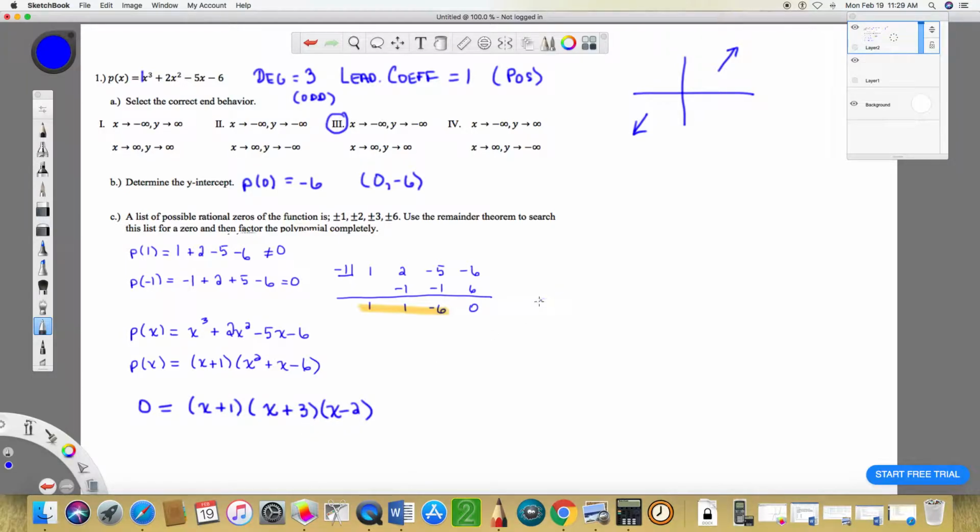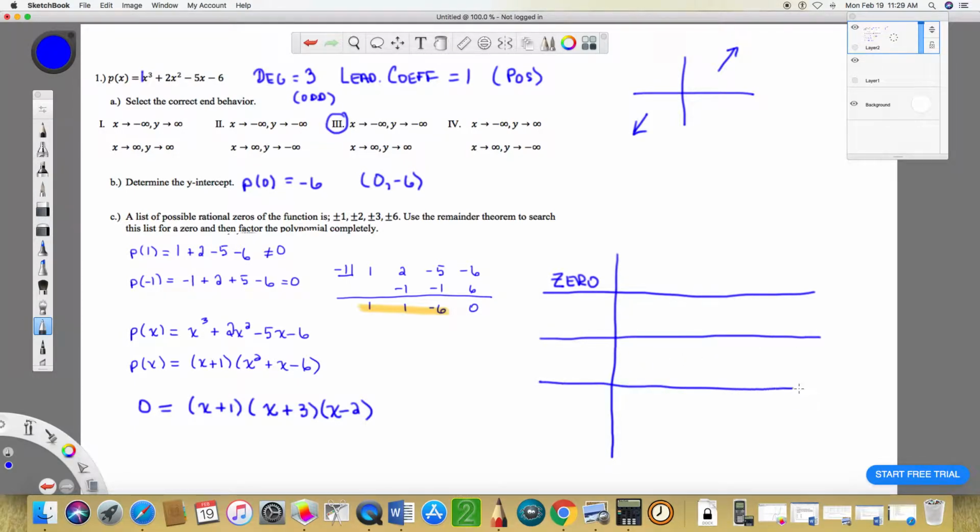Well, we can then construct a table. A table is just a nice organized way to present this information. I guess it doesn't have to be a table, but the zeros are -1, -3, +2.